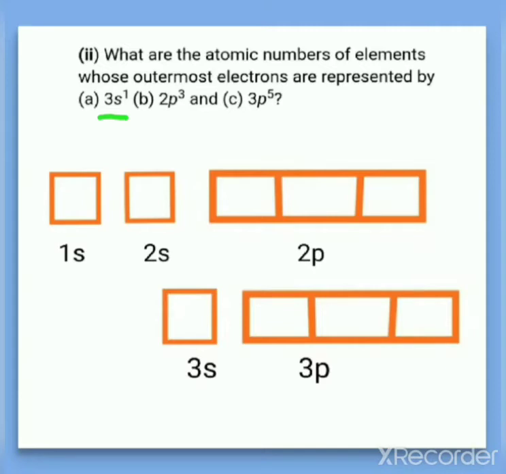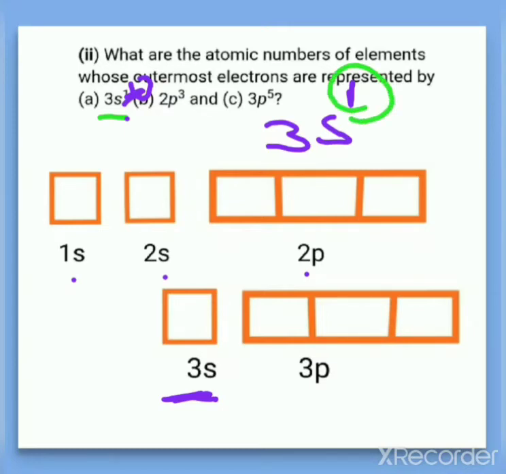First of all, you need to specify the position of 3s1. Where is 3s here? This is 1s, 2s, 2p. This is 3s. That means the outermost electron is in the 3s orbital. There is only a single electron represented here, given as 3s1. That means there is a single electron in the 3s orbital.